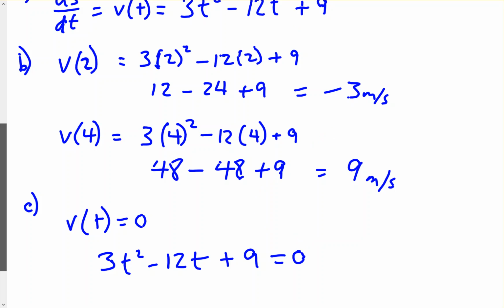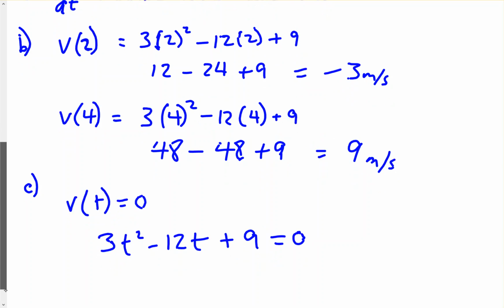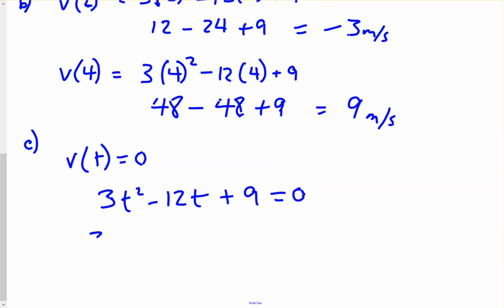Now when we solve this, we could first factor out 3. We have t squared minus 4t plus 3 equals 0.